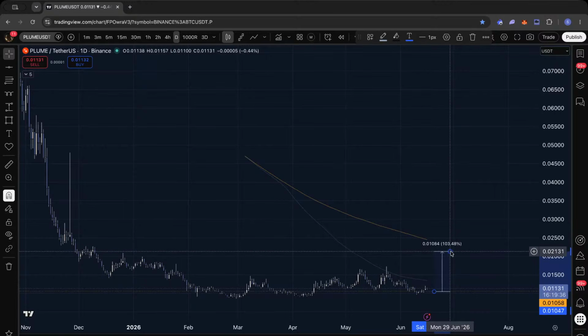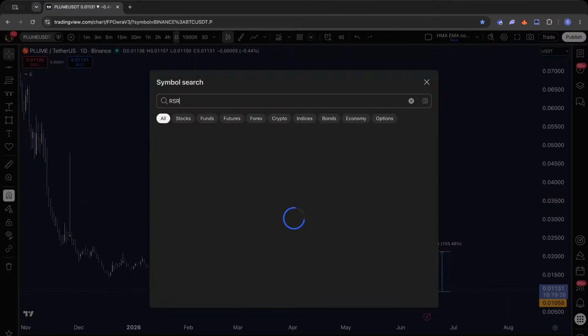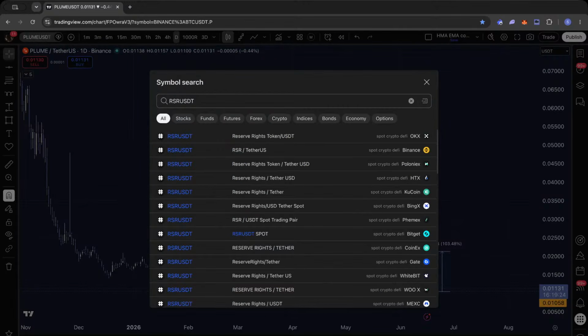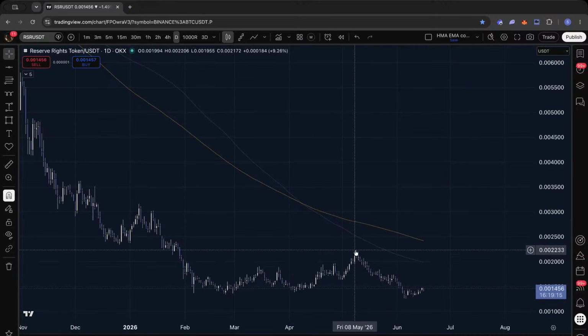Meaning that if I get a pump for 0.021, let's say, and I manage to buy here, I'll definitely take the profits. RSR, let's check it out. Man, really old coin. Yeah, we took all the lows. We are trying some structure here. We have a potential LJ.